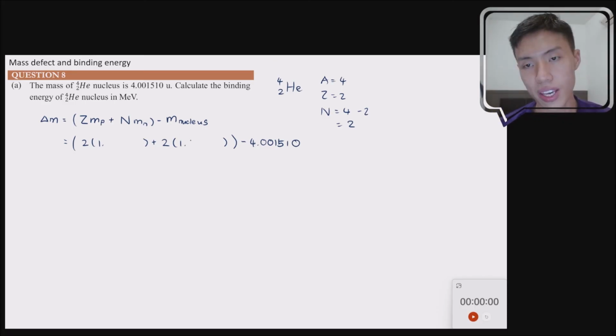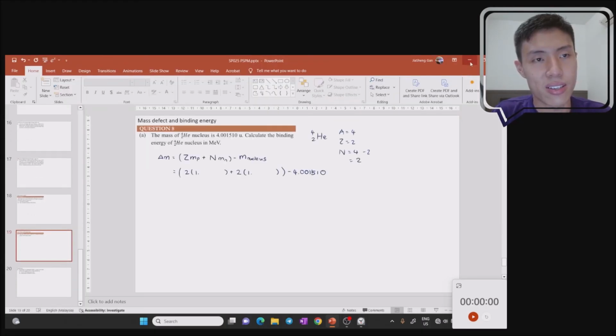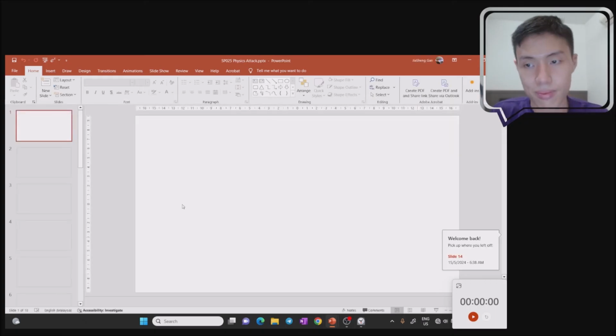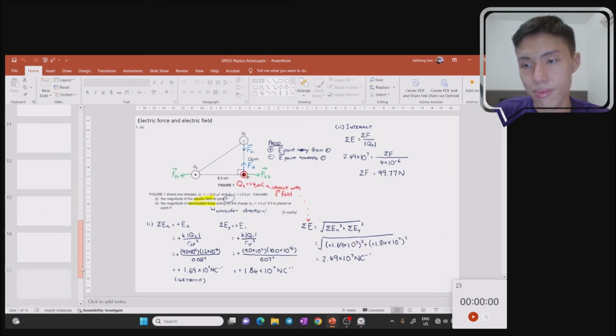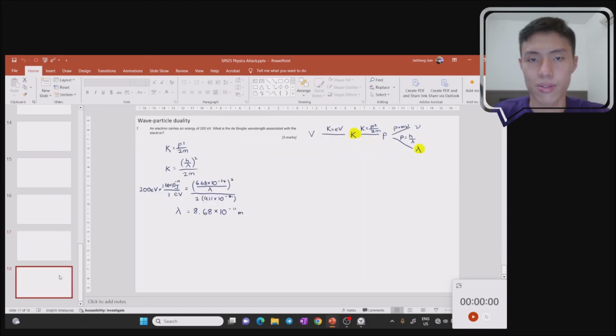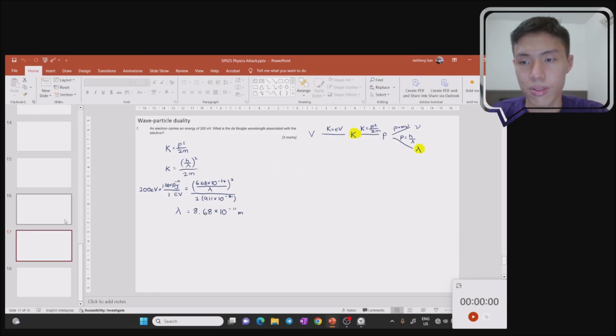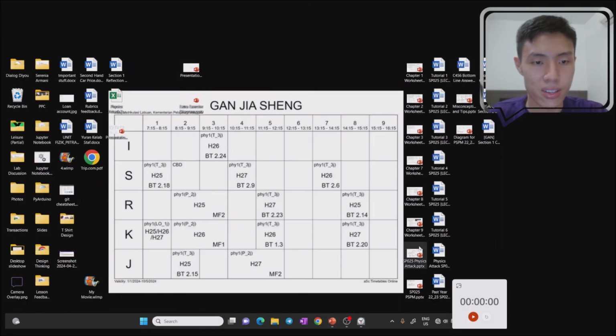Where can I find the mass right now? I think this is 1.8. Let me find the value somewhere here. I think it's here. Wait, I don't have a value here.